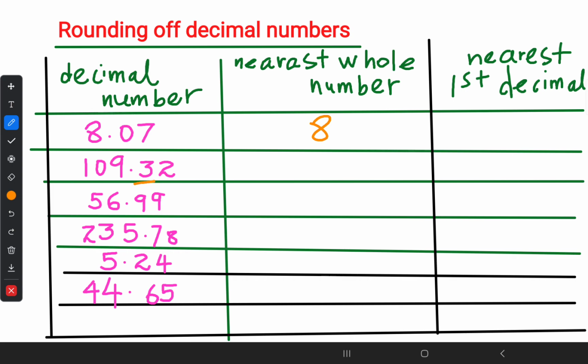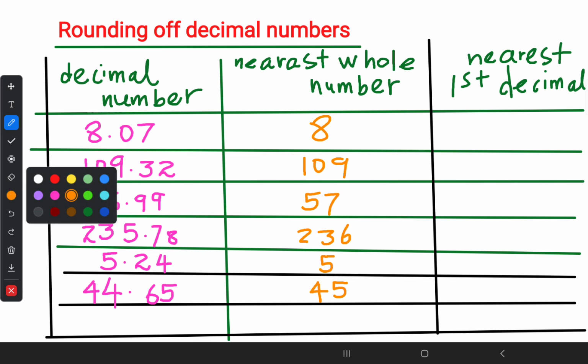First decimal place is 3, so it remains the same as 109. First decimal place 9, so I add 1 to 56, it becomes 57. First decimal place 7, so the number becomes 236. First decimal place is just 2, so 5 remains the same. First decimal place is 6, so you add 1 to the 44, it becomes 45.